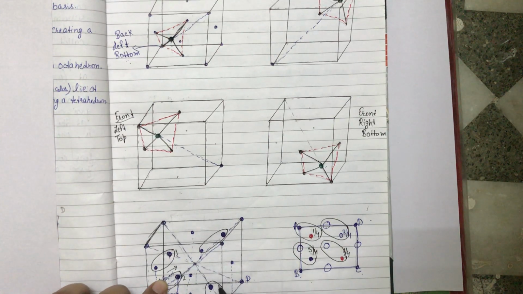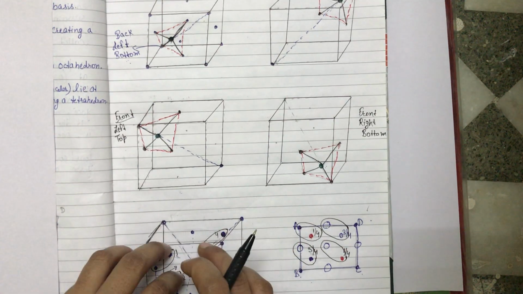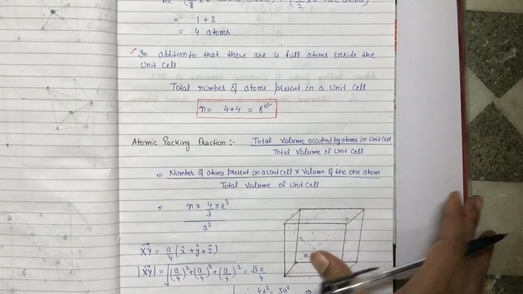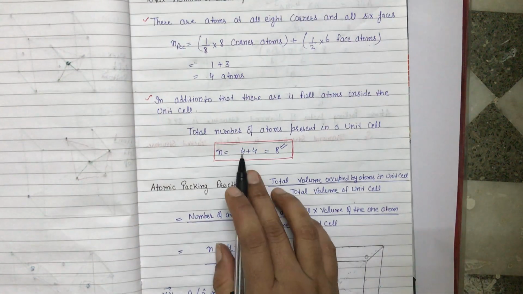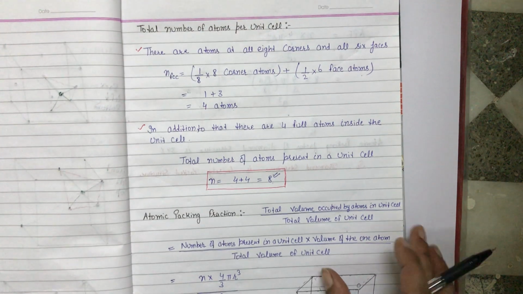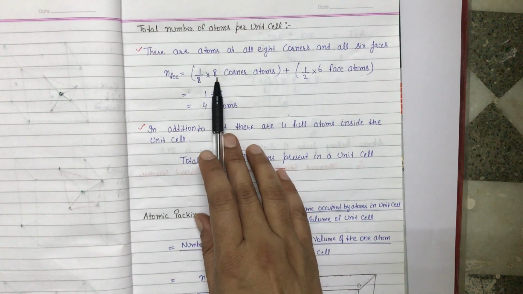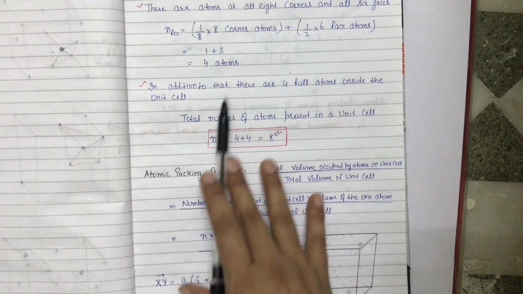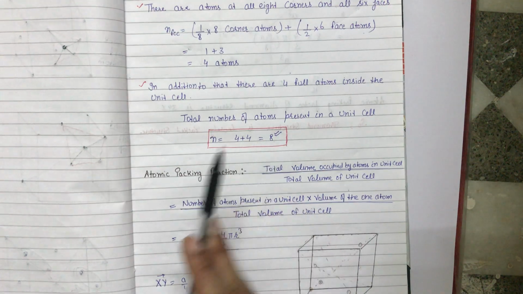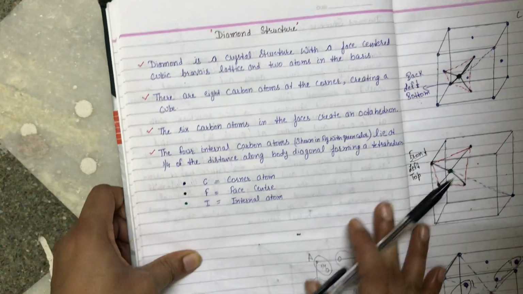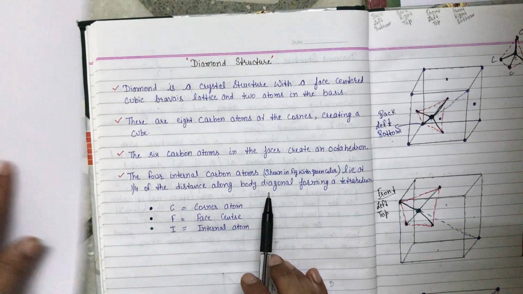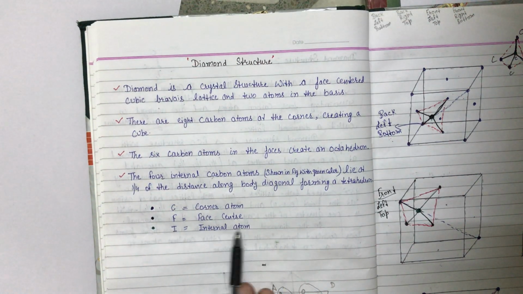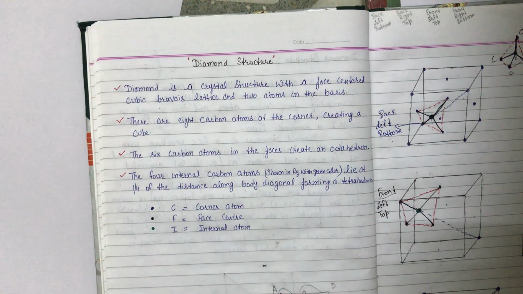This is 1, 2, 3, and this is 4. These are completely inside this diamond cubic unit cell. So the effective total number of atoms per unit cell is equal to 4 plus 4, which is equal to 8. Clear? So 1 by 8 into 8 for the corner, 1 by 2 into 6 for face center, and 4 complete for the inside body diagonal location. So diamond cubic crystal structure consists of corner atoms, face center atoms and internal atoms along the body diagonal. Clear?